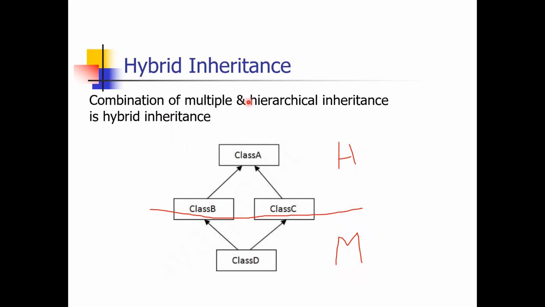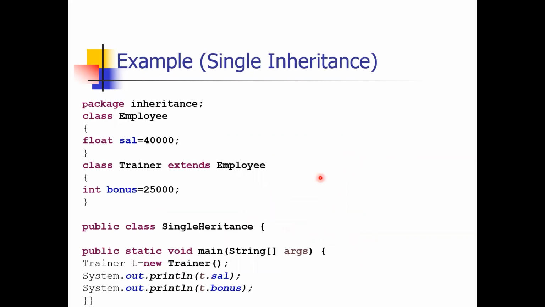Again, listen carefully. One child with two parents is called multiple. Two children with one parent is called hierarchical. The combination of multiple and hierarchical inheritance is called hybrid inheritance.